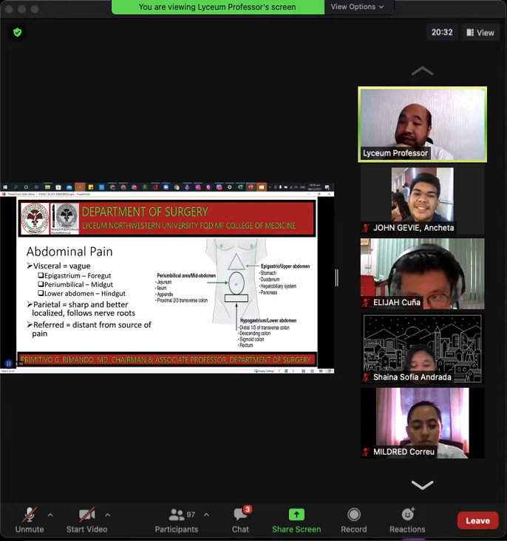Structures from the midgut refer to the periumbilical area, and the hindgut to the lower abdomen. If you look at this image, you will see where your different abdominal organs present. Your parietal pain, on the other hand, is sharp and better localized, and follows your nerve roots. And your referred pain is distant from the source of pain.